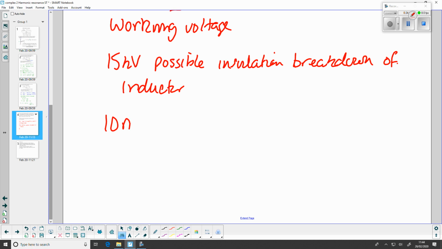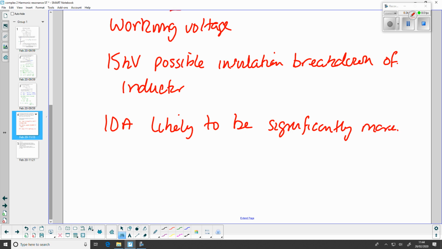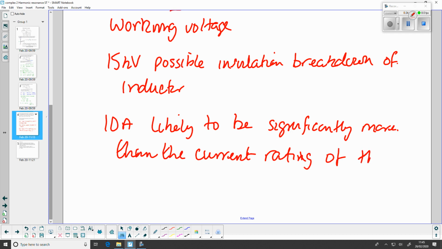10 amps is likely to be significantly more than the current rating of the inductor winding.